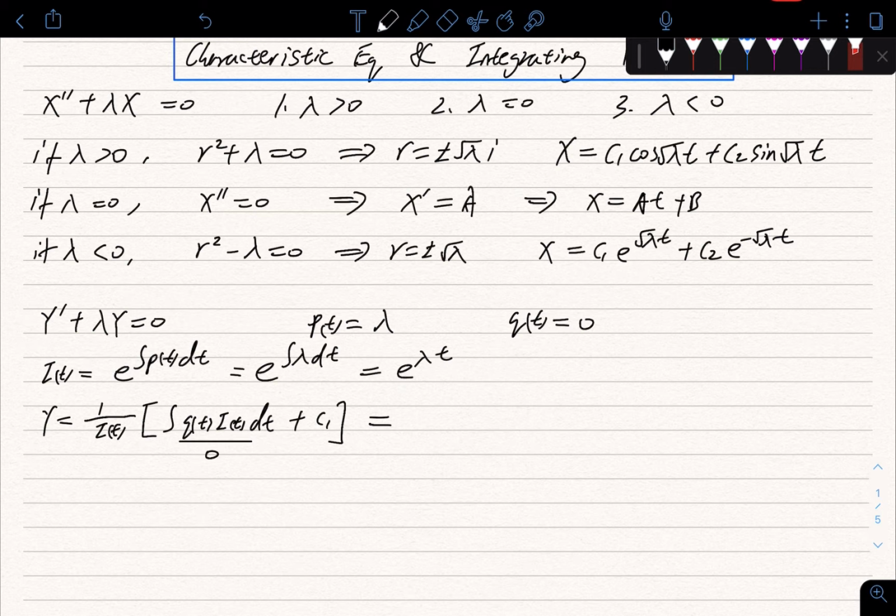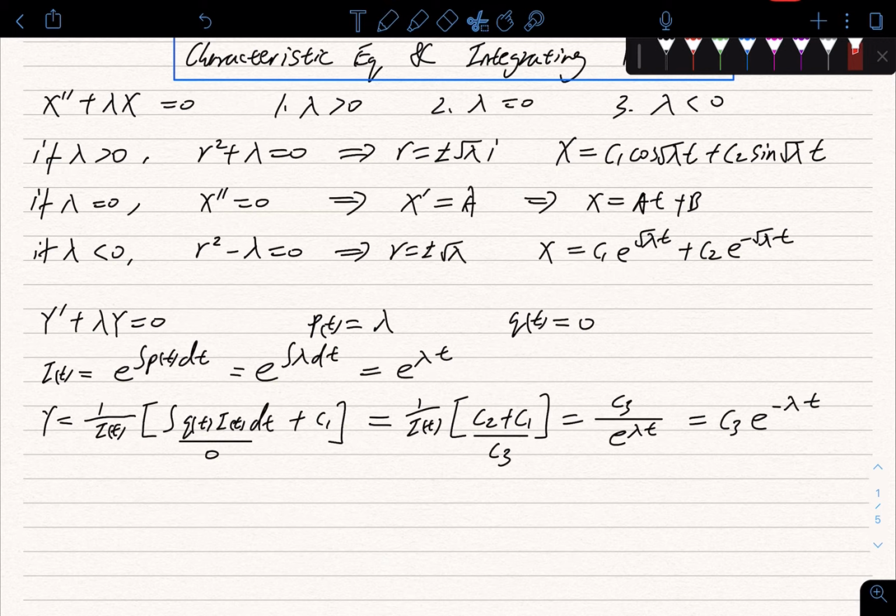So our y becomes 1 over I(t), times the integration of 0, which I'll just call c2, plus c1. Then I'll just let c2 plus c1 equal c3, so the answer is c3 times e to the negative lambda t.